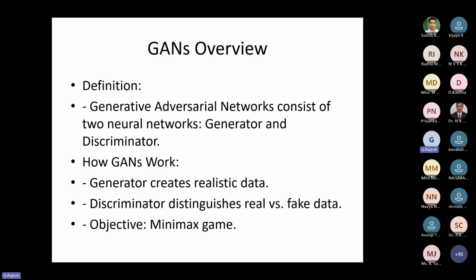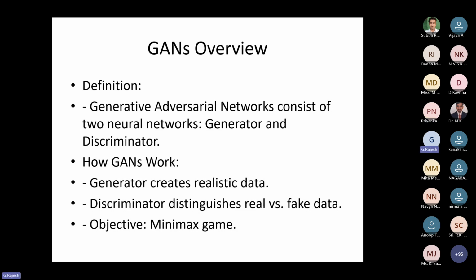Here, when we talk about the adversaries, they are nothing but your generator and a discriminator. As the word itself suggests, the generator generates images and the discriminator tries to discriminate. What does it discriminate? Between real and fake. The generator tries to create some images and pass them off as real images.